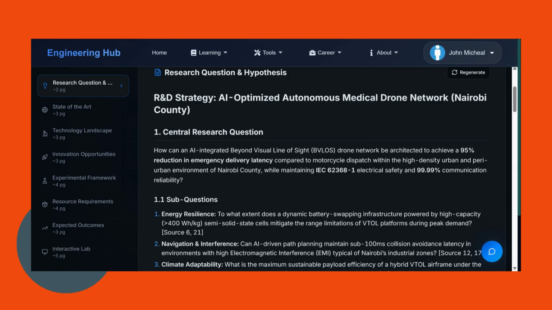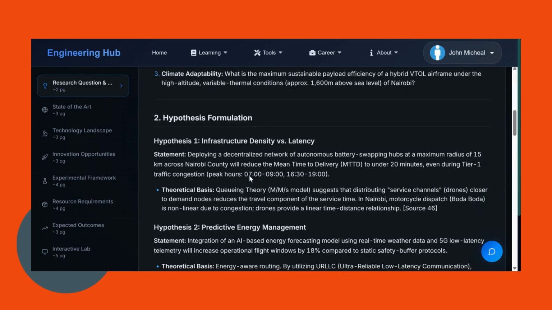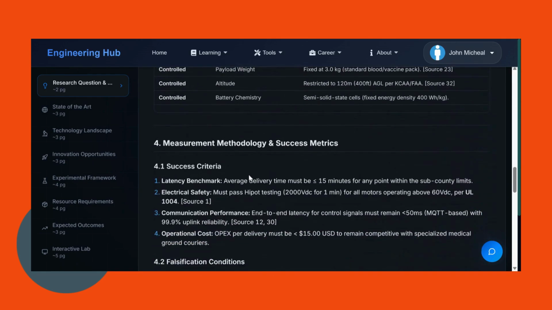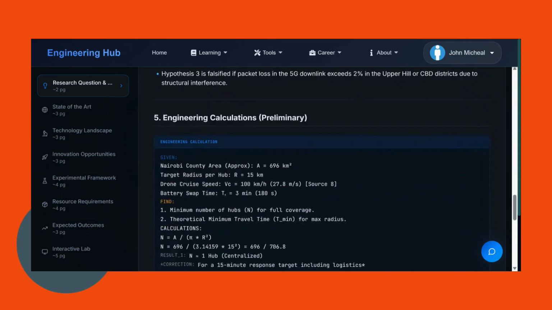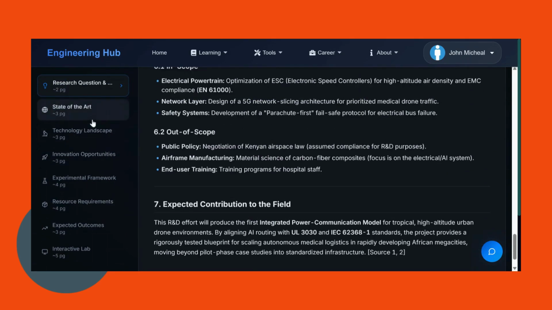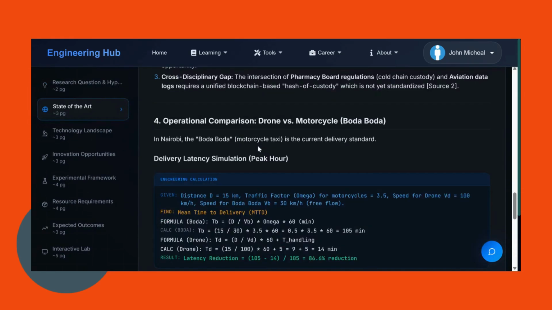Now, as you know, I'm not a nerd, and I am not going to go through all these things. This is very nerdy. But if you want it, if you come to the case studies page, you'll find it and you'll be able to interact with it. Now let us check other sections.